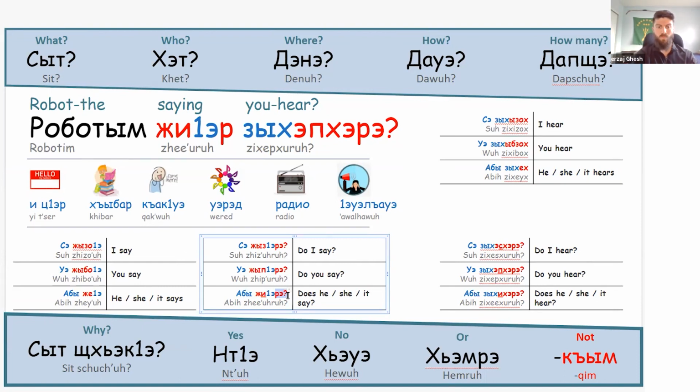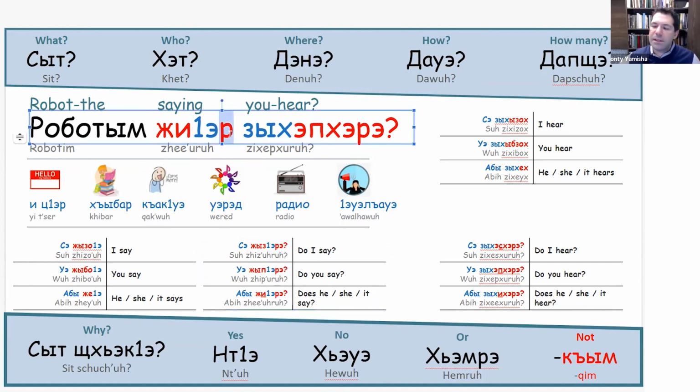We've seen this many times before. This is not new. What is new and what is a little tricky is this. This is not a question form. This is a question form because it ends in ra and it finishes the sentence with a question mark. Do you remember a few classes ago, we said, Salim khajabzim jre'a.